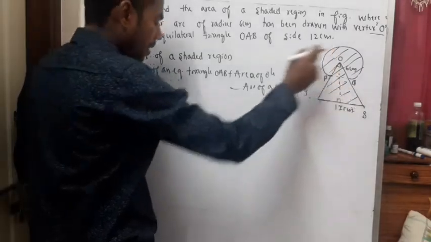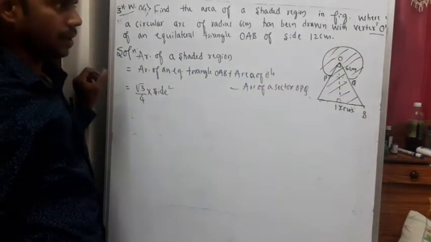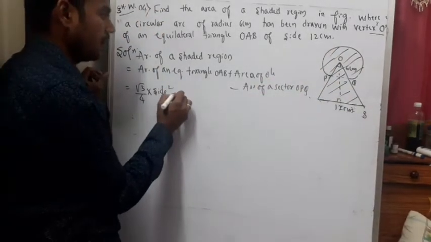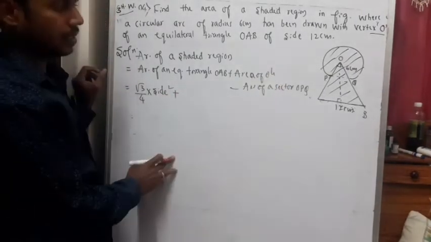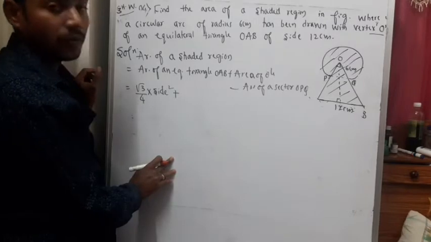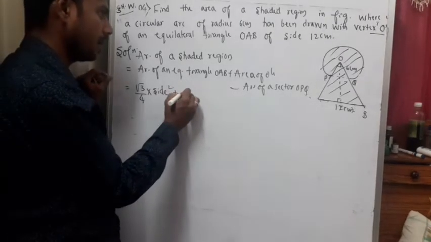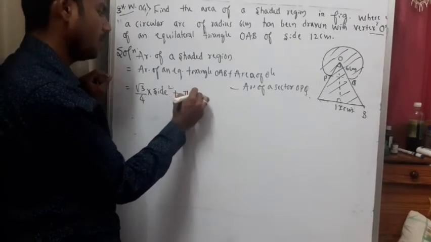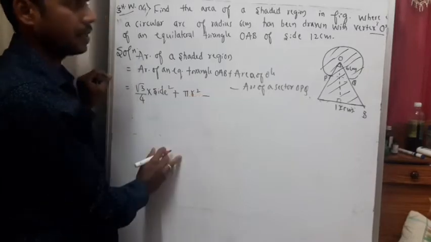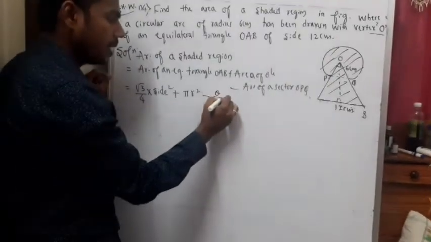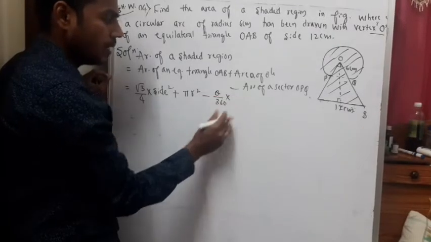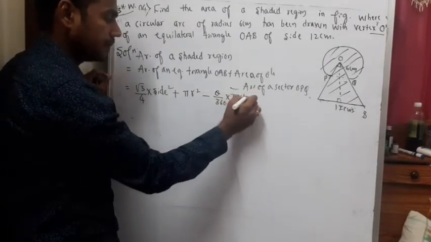Then plus the area of a circle. What is the formula to find the area of a circle? Pi r square. That is pi into r square, minus the area of the sector OPQ, which means theta divided by 360 into pi r square.